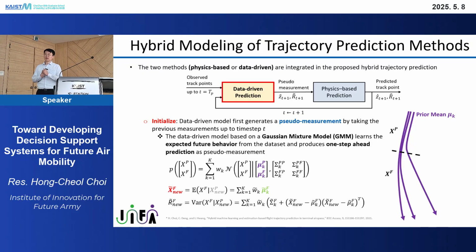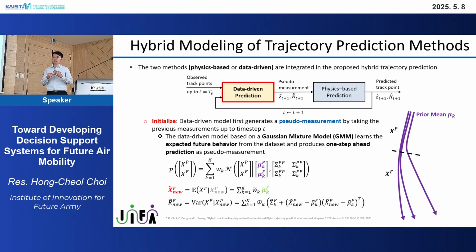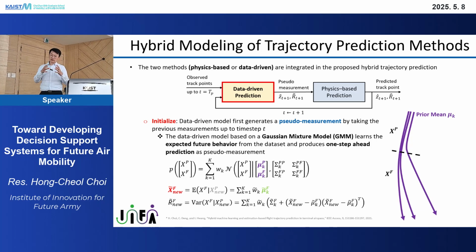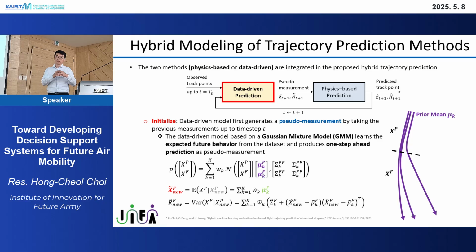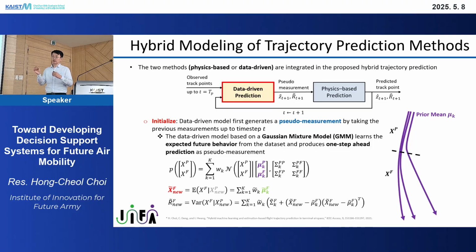I'm not sure, but one suggestion is that you may know transfer learning or few-shot learning. We can have data-driven models from other domains that have enough data, train the model on that data, and then transfer it to the unknown domain where only a scarce data set is available, adapting the model to the new domain. If we have limited data, we can use similar operations. For example, to transfer to AAM, the operations of helicopters or quadcopters may already be recorded in data sets, so we can have a model of that.